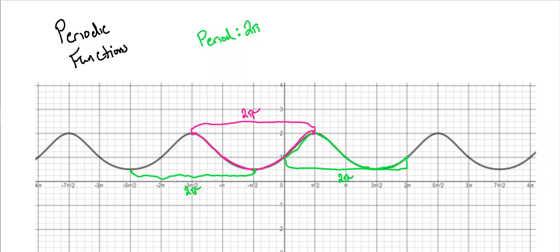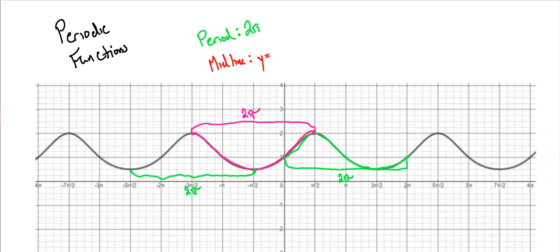Another key characteristic is what we call the midline. It's just a line that splits this graph perfectly in half, okay? And it's generally going to be a nice horizontal line.